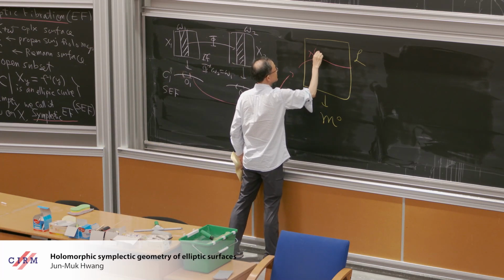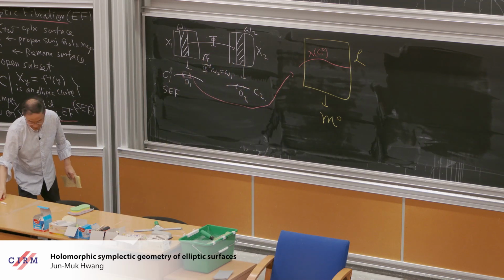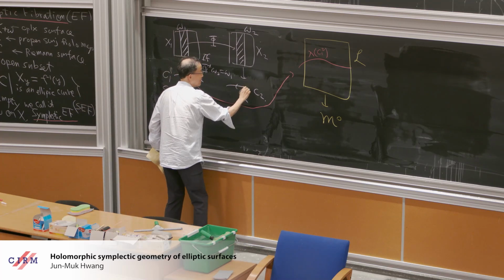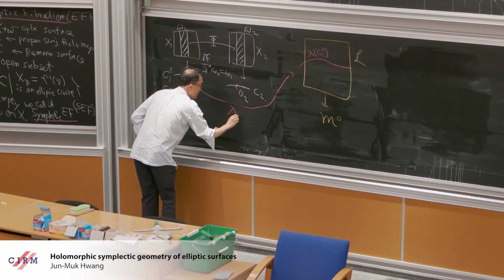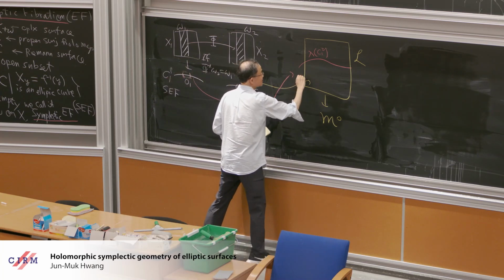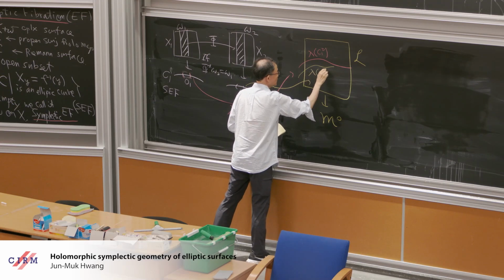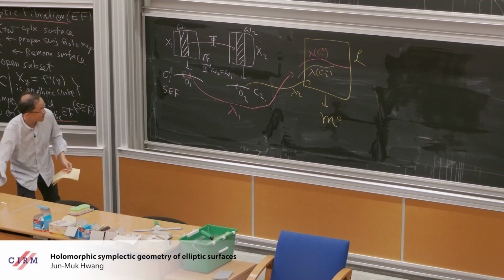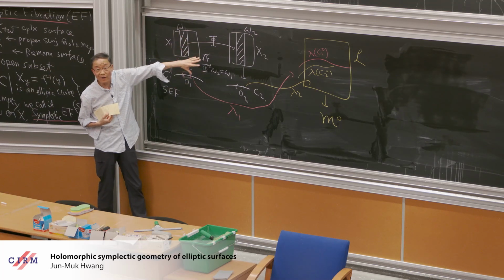So this is lambda C1. And it also sends C2 to something. So this is lambda C2. But the lambda map is an invariant of the symplectic elliptic fibration.